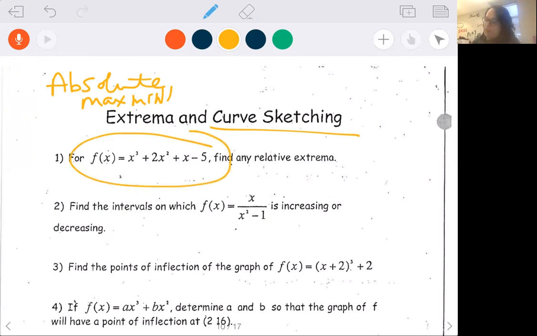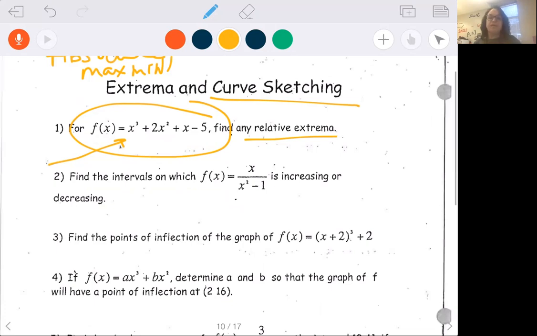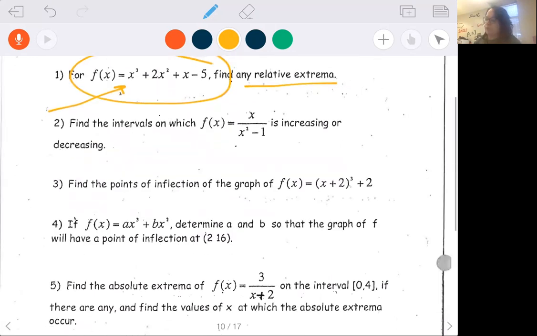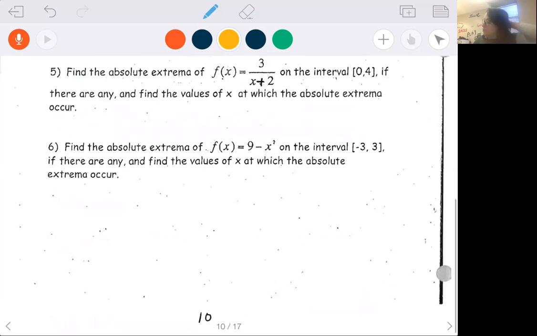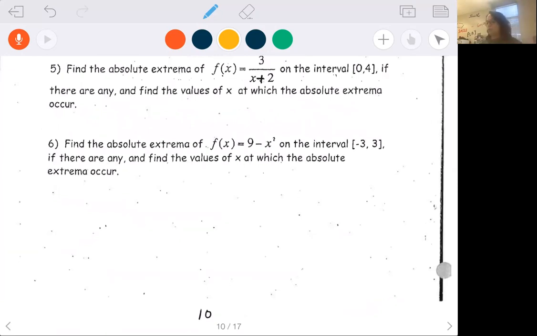So for this one, I could very well ask relative if I put this on here. I might say, where's the function concave down? I might say, what are the inflection points? So be comfortable working with these and be able to answer those types of questions. If not, make sure you reach out to me.